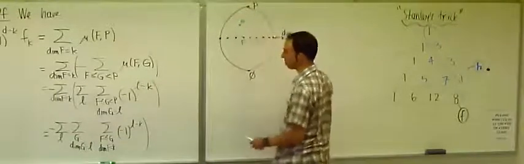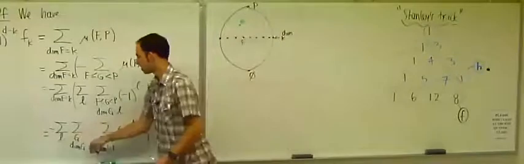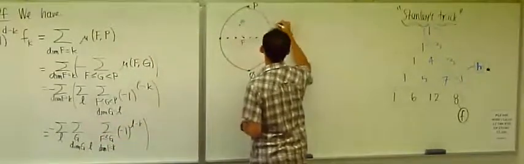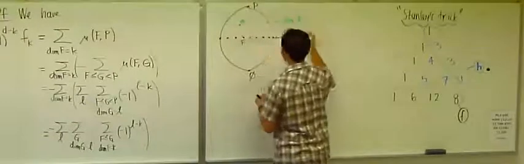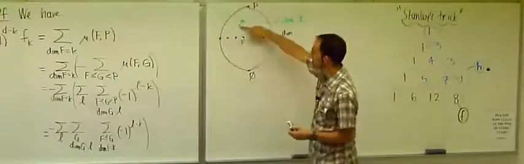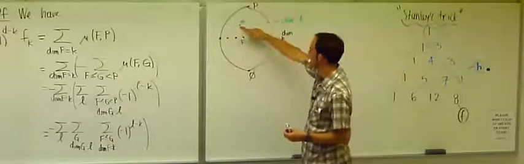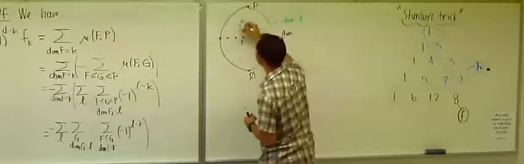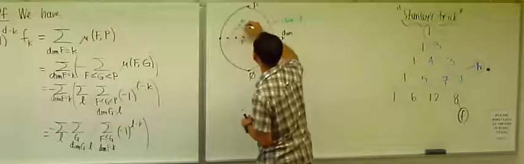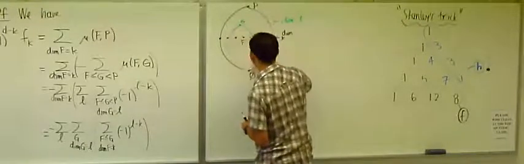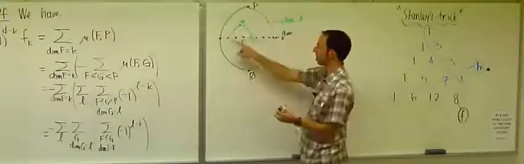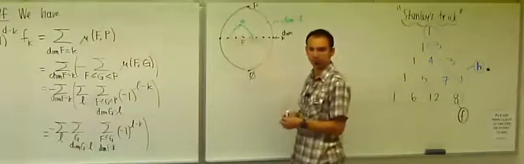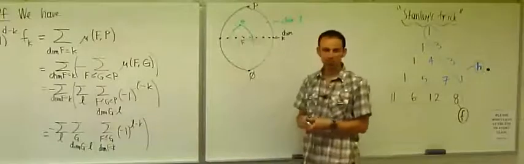So we fix G at level L, which is dimension L. And now we're summing over the faces of G at level K. So we look at the things below G, and then we need to figure out how many of them are at level K. Why is this any easier?